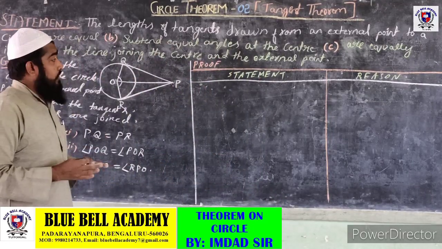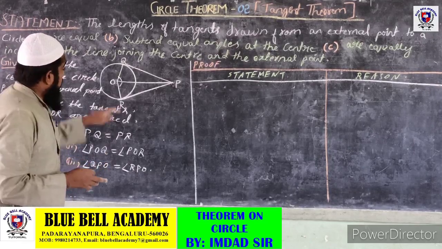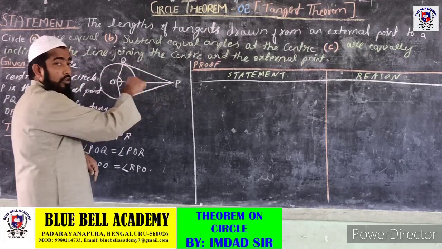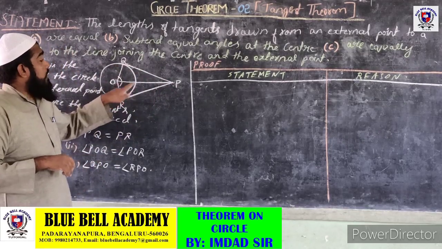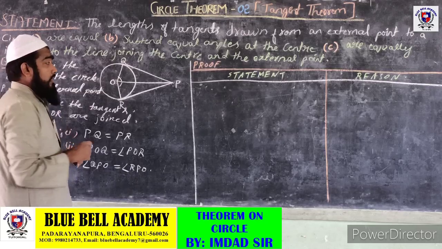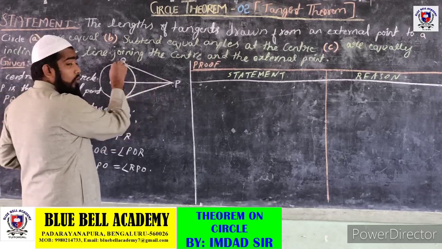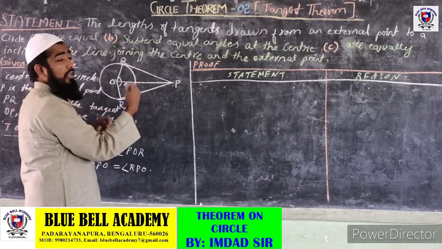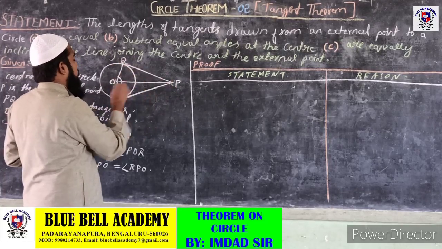So now when we are going to prove this, if you observe this particular figure, you will see we are getting two triangles. One is triangle OPQ, another one is triangle OPR. Or you can give any other name, whatever you want.